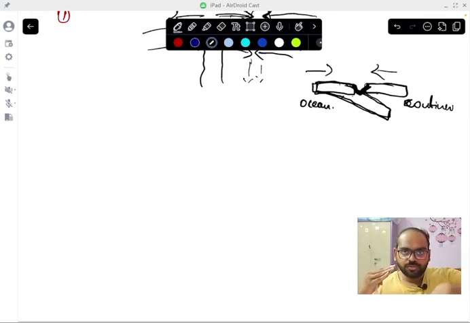It gets consumed in the magma because magma is very hot, and this heat is generated from the radioactive decay happening in the magma or asthenosphere. The oceanic crust is getting consumed, and again new oceanic crust is forming.